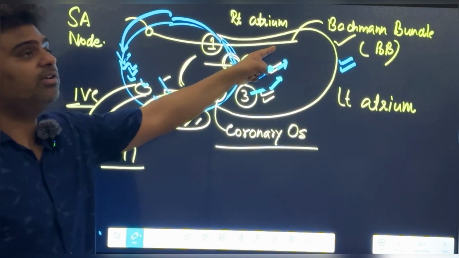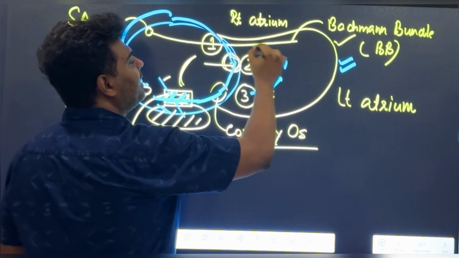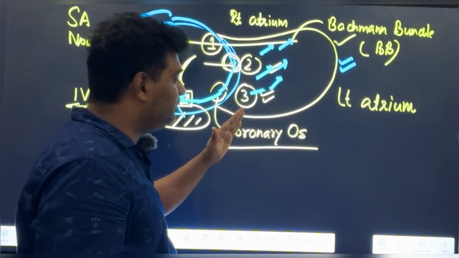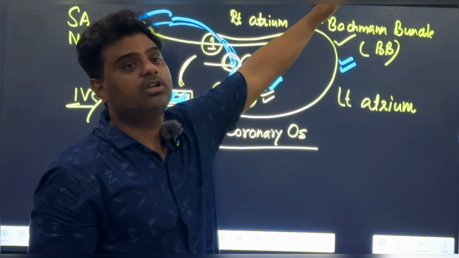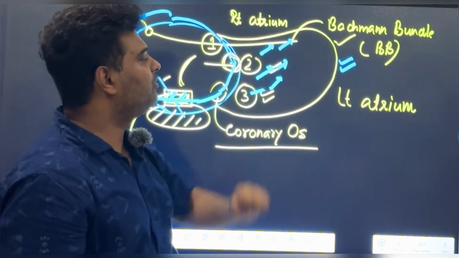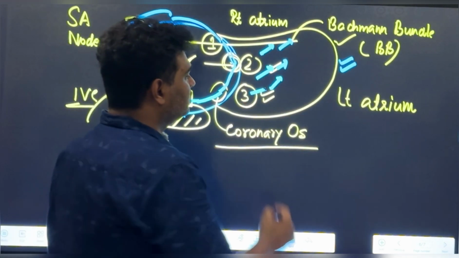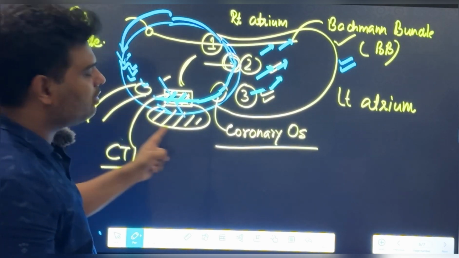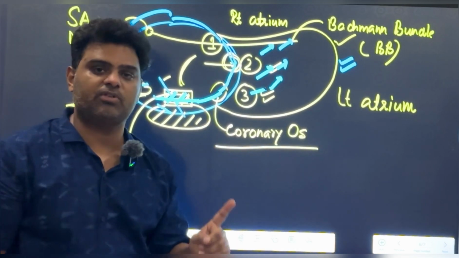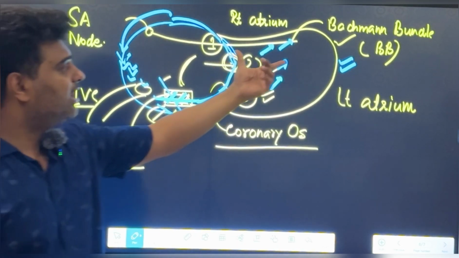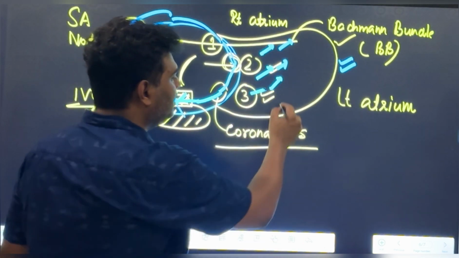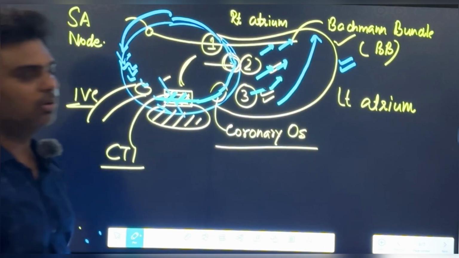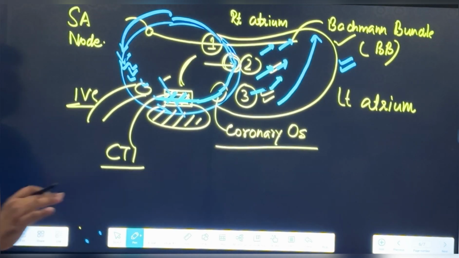Then finally it will be depolarized from the Bachmann bundle like this. So the depolarization of the left atrium will be from the inferior to the superior surface. Keep this point in mind: in counterclockwise or anti-clockwise type of CTI dependent atrial flutter, the left atrium depolarization wave will be from down to up. This is a very important part.